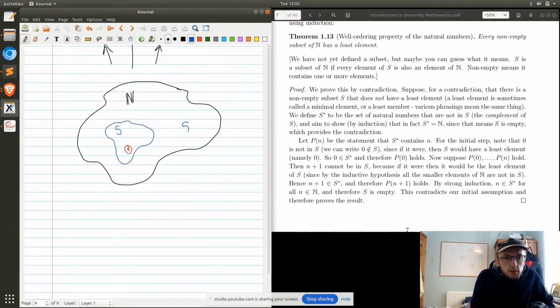Then I'm going to consider everything that's not in S. And then by just investigating S star, I'm going to prove that S has to be empty, which is a contradiction. It contradicts your supposition that such a subset of N exists, a subset which doesn't have a minimal element.